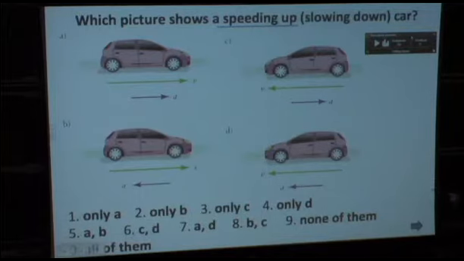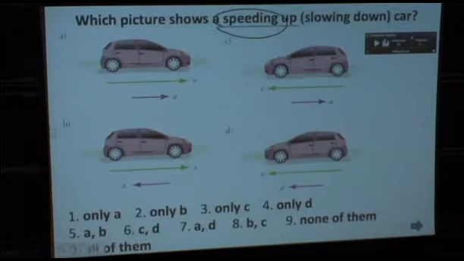In this question, I want to ask you, if we know the acceleration, and if we know the initial velocity, can you tell what will be happening to the speed? So my question is, you have 4 pictures here. Which picture or pictures describe the car which is speeding up?